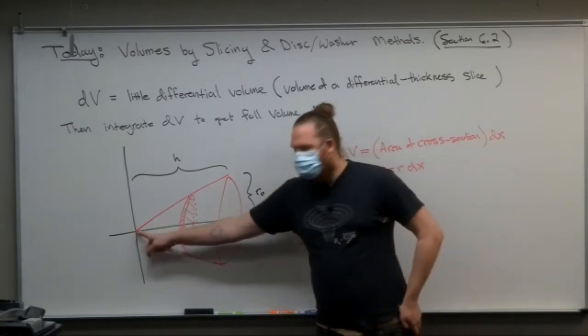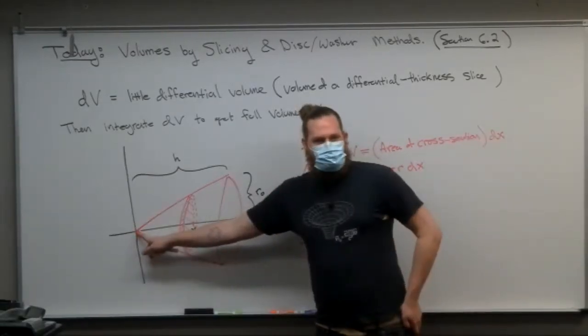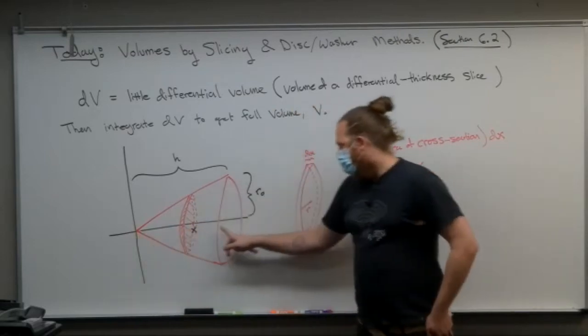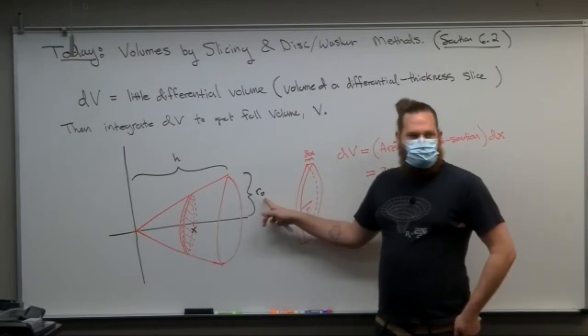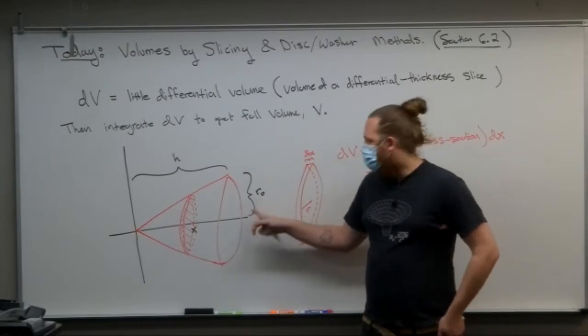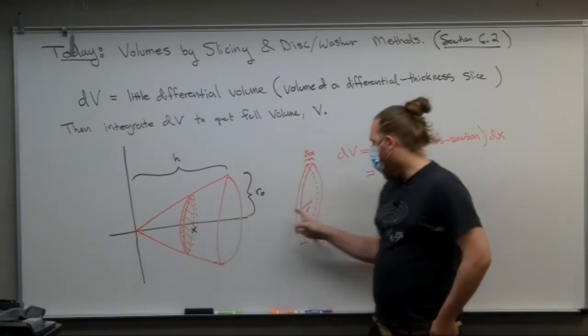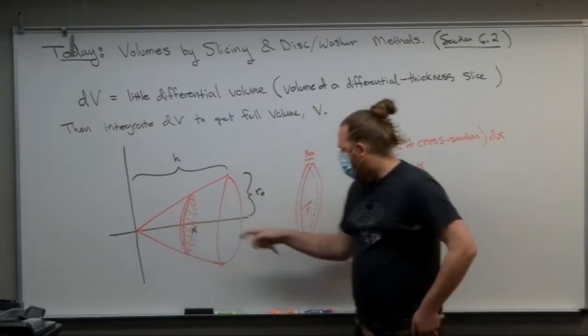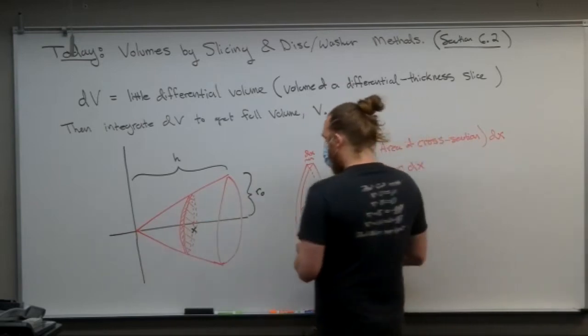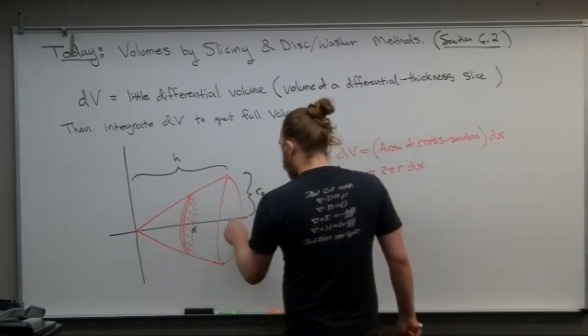If x is all the way over here at 0, then that radius is 0, because I'm at the very tip of the cone. And if x is all the way over here at the end, then that radius is r naught, the radius of the base of the cone. So the question is, can I find a formula for this radius as a function of x running from 0 to r naught? I'm sorry, running from 0 to h.